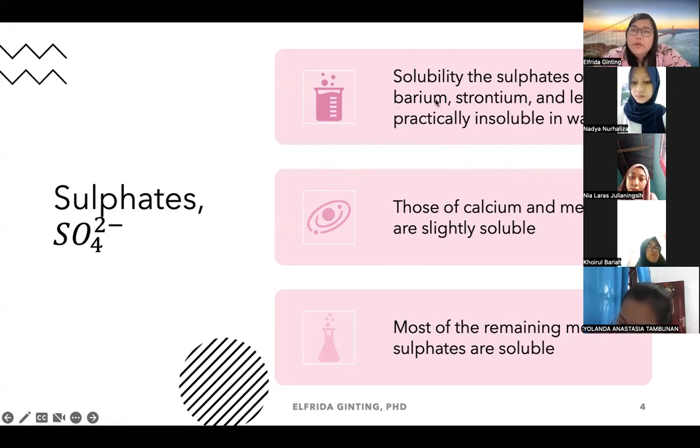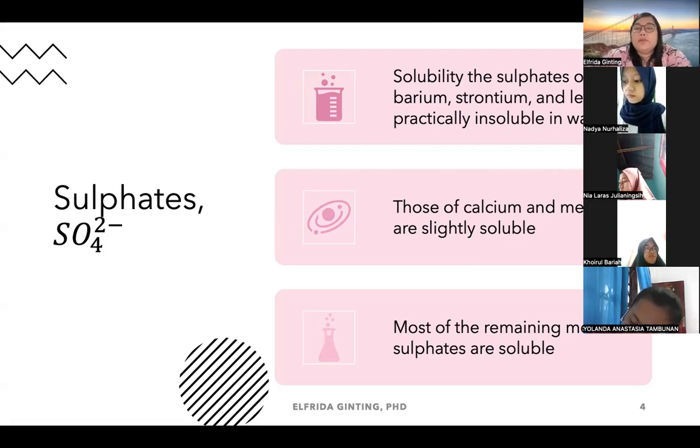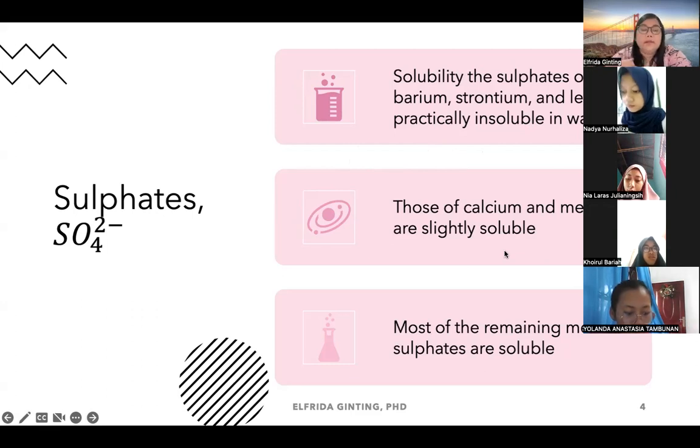I don't remember which group barium, strontium and lead are in, but you will remember that some cations, when you mix them with hydrogen sulfide, do not react. It means they are not soluble. So this is practically insoluble in water, whereas calcium and mercury are slightly soluble, and the rest of the metallic sulfates are soluble.